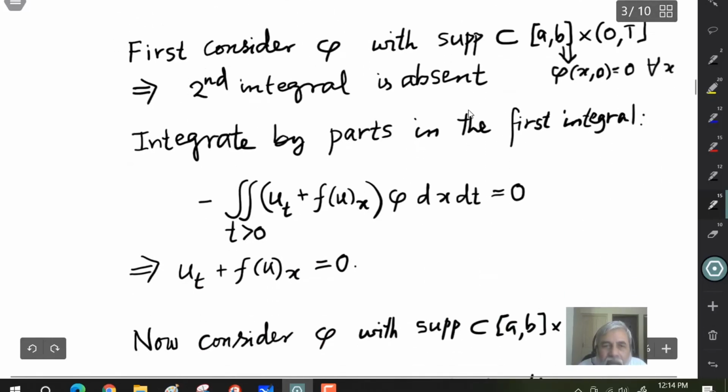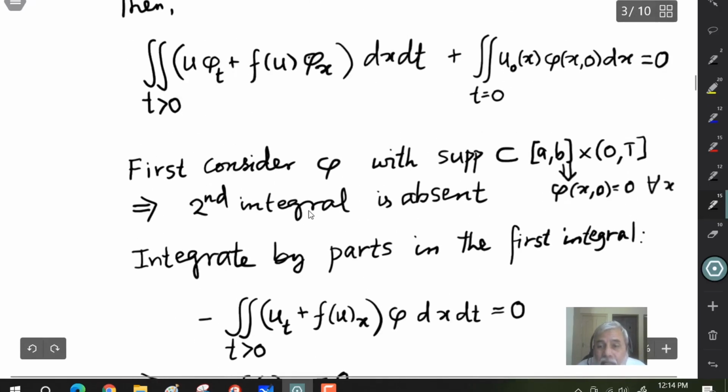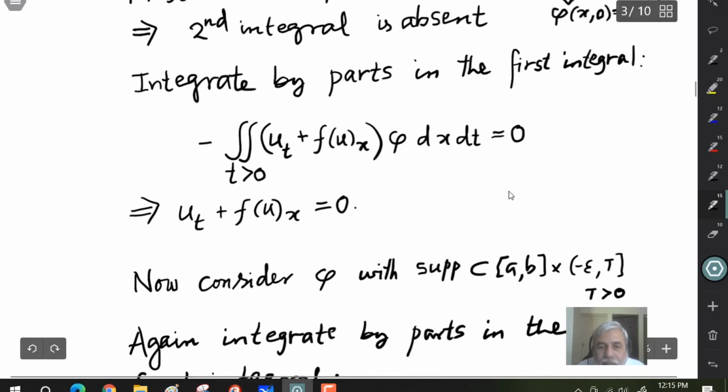Again that's just integration by parts, and there are no boundary terms because we have taken the support of phi in such a rectangle.